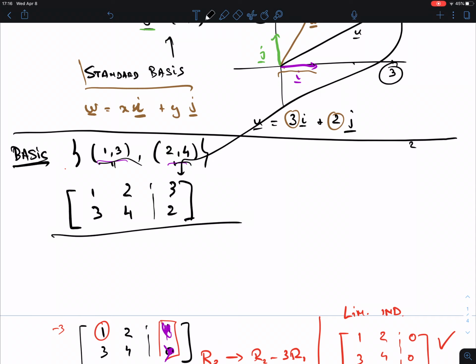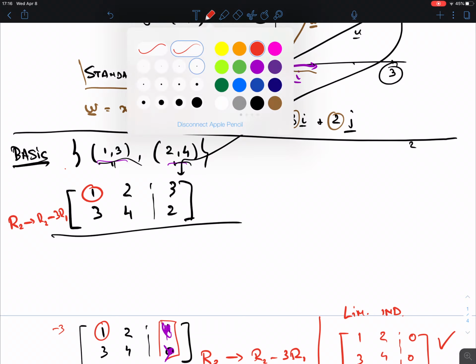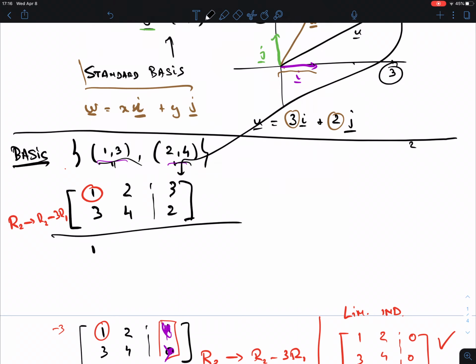So the row operation here is to replace row 2 by row 2 minus 3 times row 1, using this pivot. So we get 1, 2, 3, and then 0, minus 2, minus 9, minus 7.